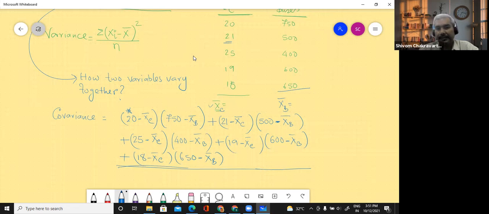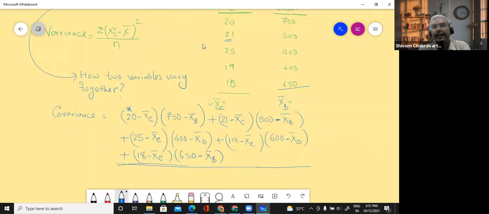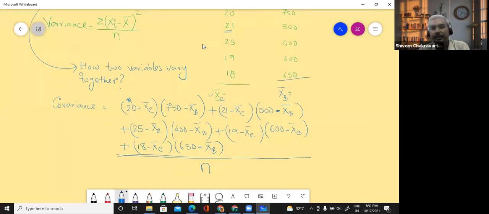For a better estimate, we take the average, that is we divide this sum by n. N here is 5.